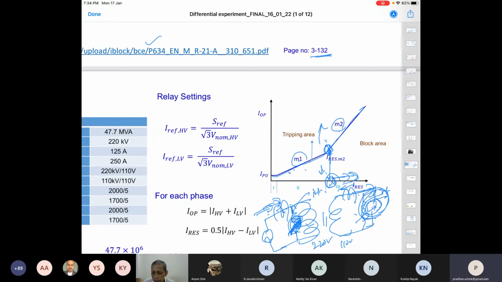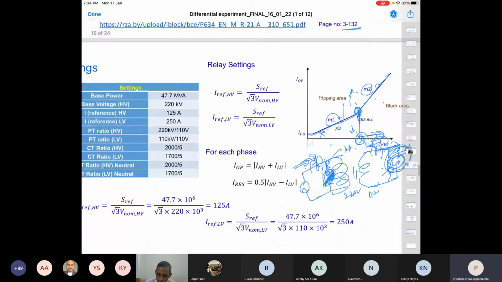Like this I will find different points, and then I get the restraining current versus operating current characteristic. Then I can verify whether the relay is following the given characteristic or not. This is what we are verifying in this experiment.